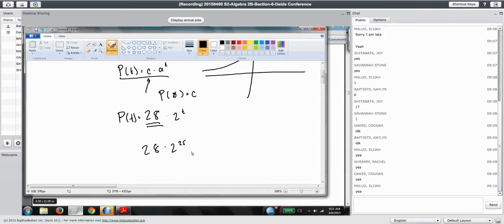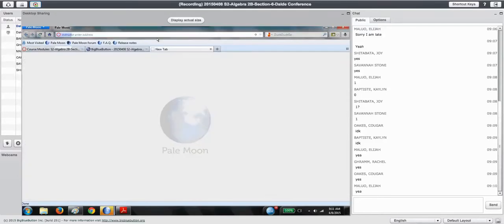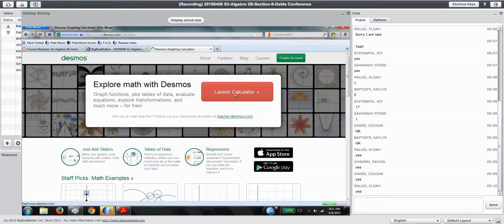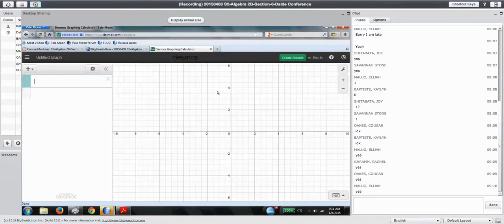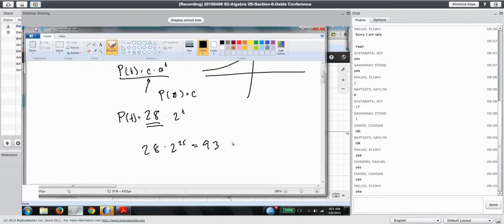Let's go over to Desmos. Okay, that would be 28 times 2 to the 25th power. 939,524,096.